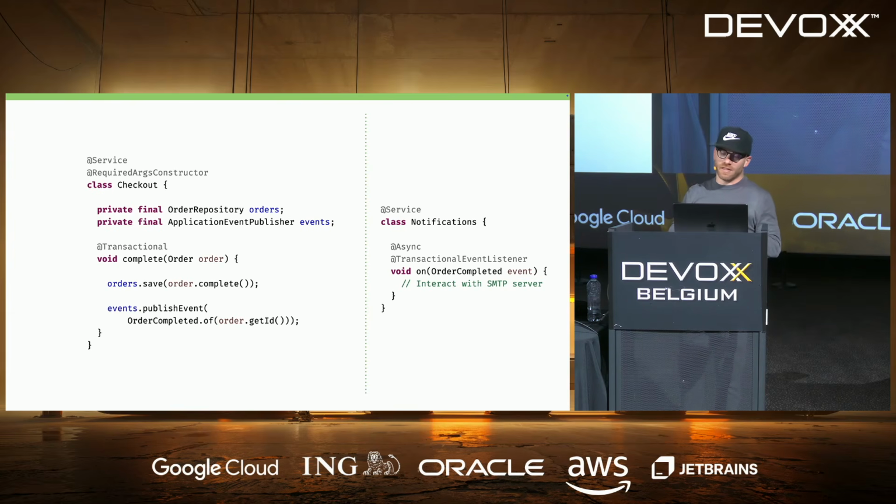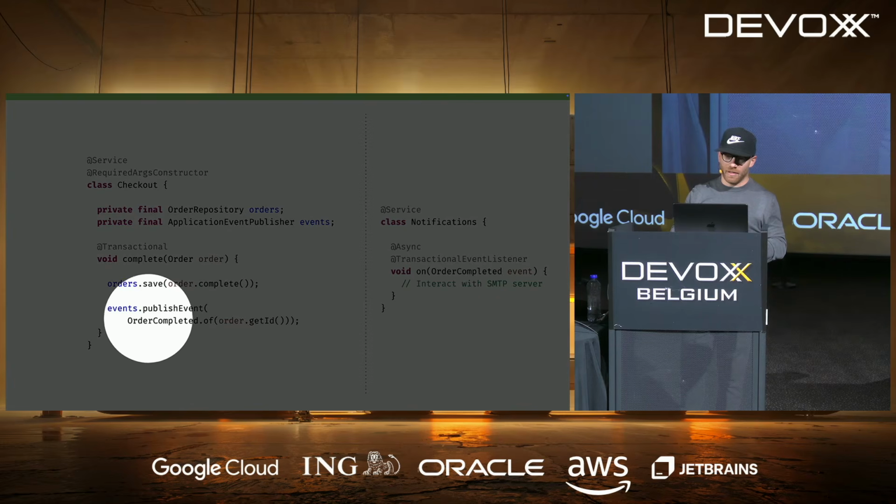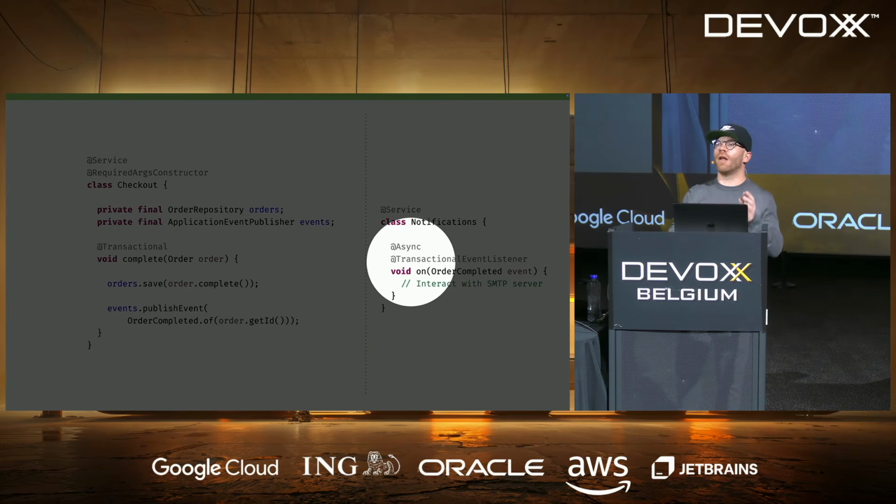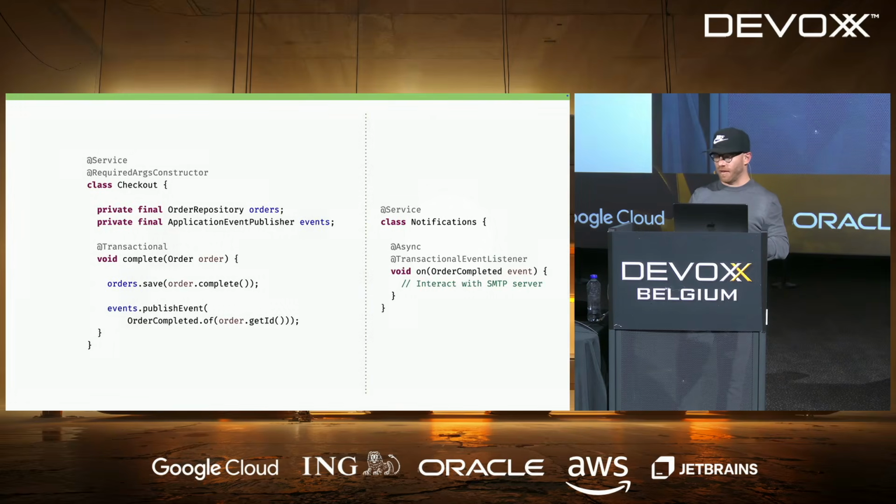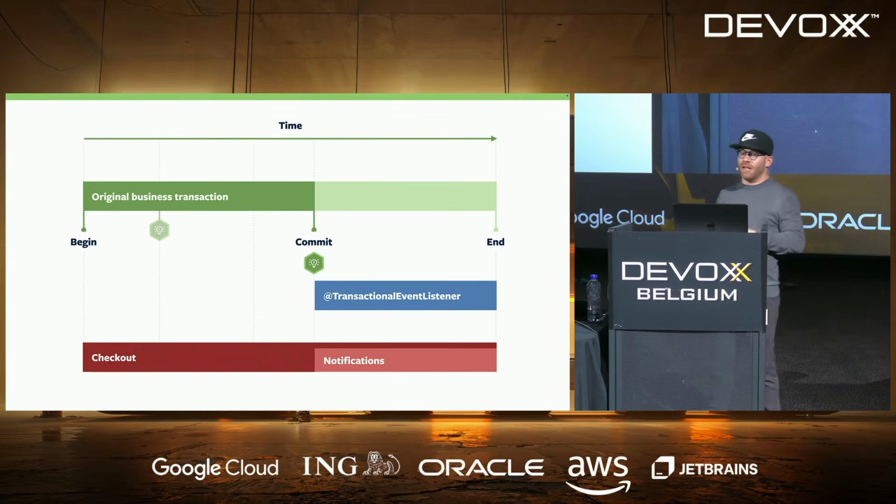Assuming this is the only event listener, this call would return immediately while this thing runs on a separate thread and does its thing, right? This helps because the call immediately returns.